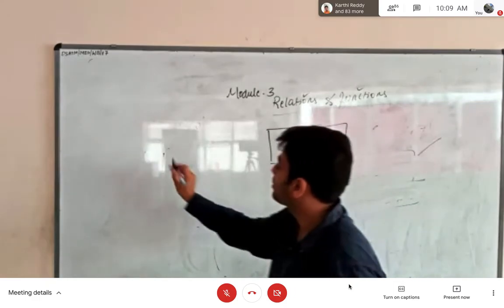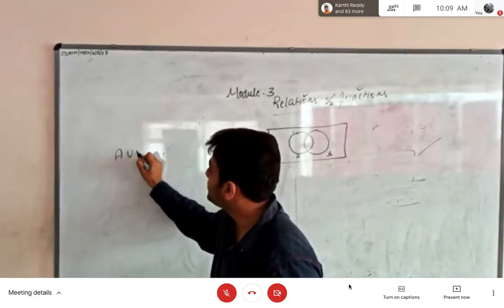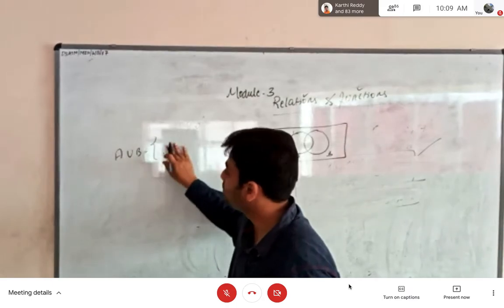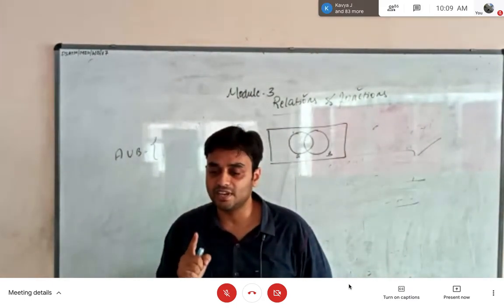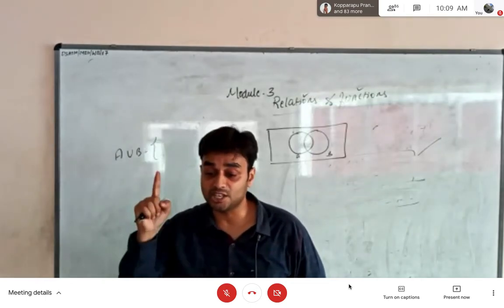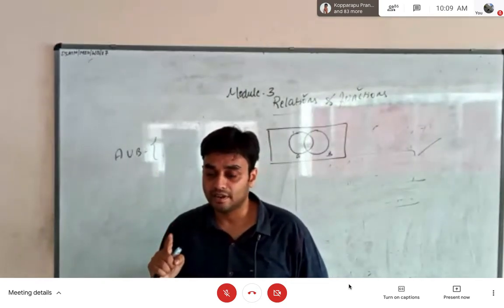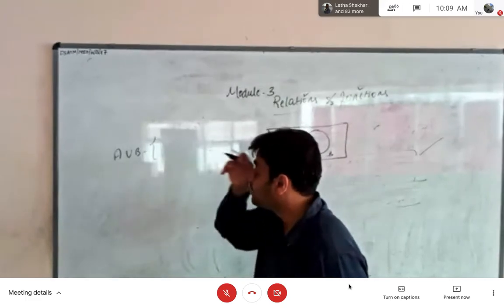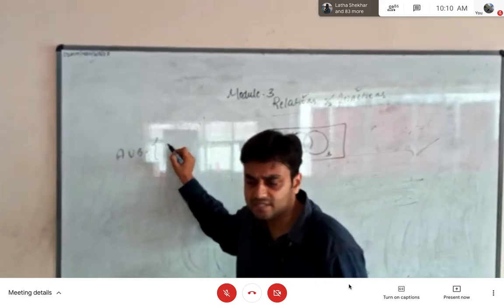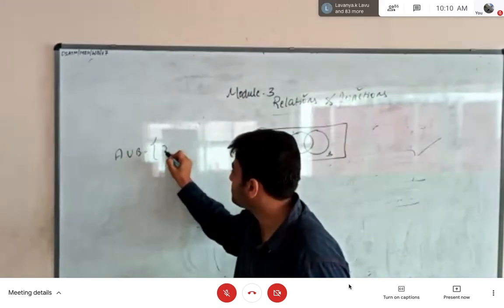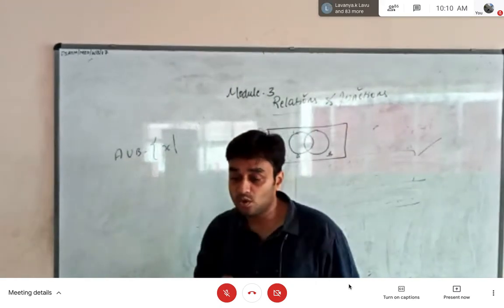Now, what does A union B contain? When I say set, you already know that the set will contain elements, but the Cartesian product will contain ordered pairs, right? So between the sets A and B, I am finding the union. What does it contain? It will contain some arbitrary element X. But what is the rule for that?